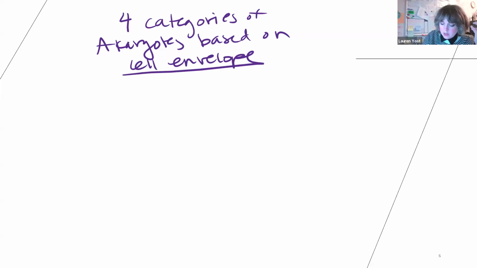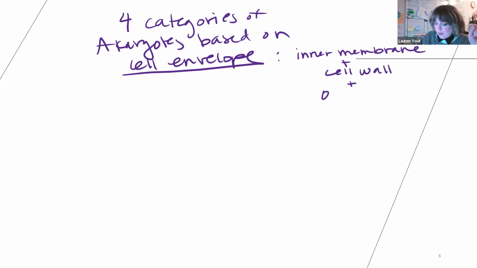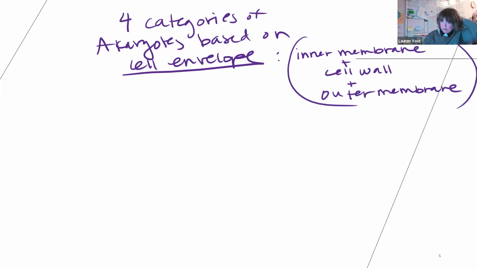Remember what a cell envelope is. It is the cytoplasmic or plasma membrane, the inner membrane, plus whatever cell wall you may or may not have, plus your outer membrane if you do or do not have it. That's your cell envelope.